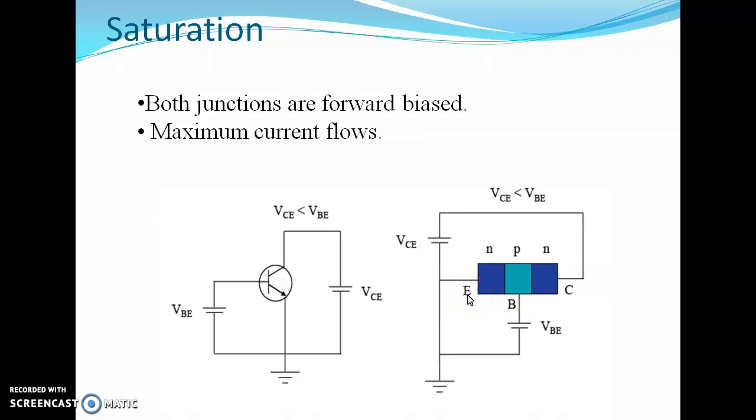When we apply forward bias, the voltage at base to emitter is high compared with the voltage at collector and emitter. In this case maximum current flows. So here the transistor will start working. In forward bias, maximum current flows and the transistor starts working.